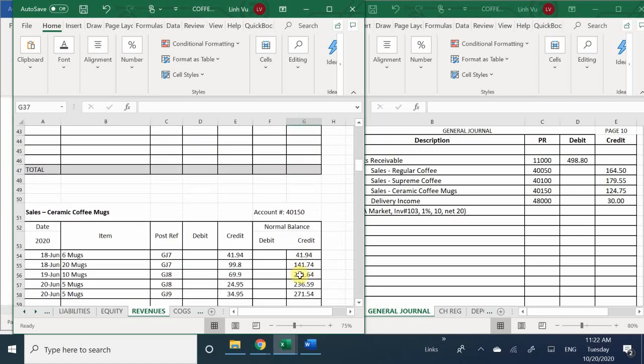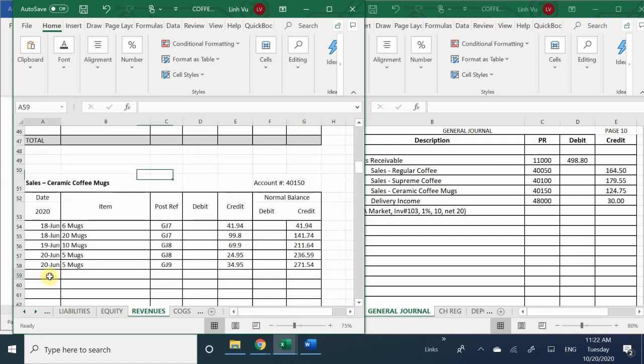All right, lastly, my coffee mugs. How many coffee mugs did I sell? 25 coffee mugs. General Journal number 10.